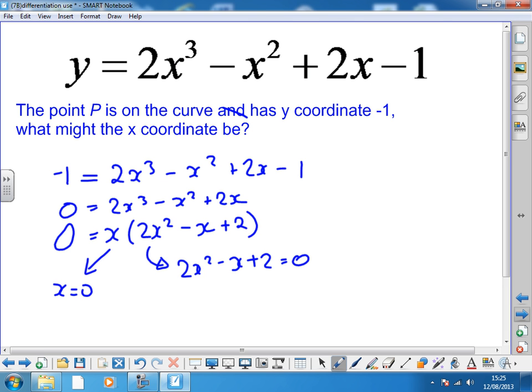Normally I like to use completing the square, but with that 2 there, no. So I would probably use the formula, to be honest. So x equals minus b, which is 1, plus or minus the root of b squared minus 4ac, all over 2a. A is 2.